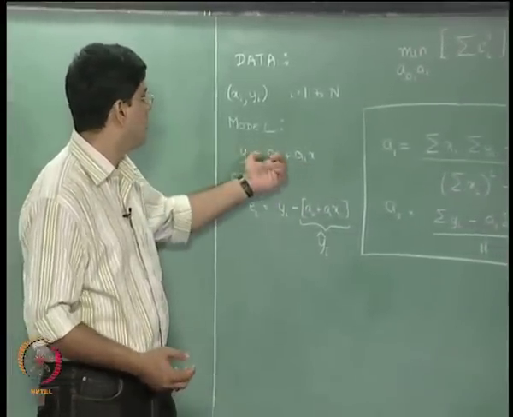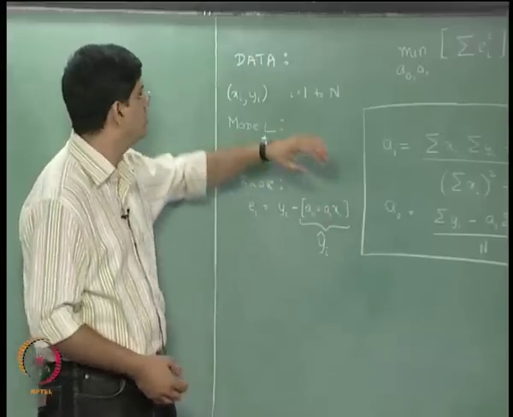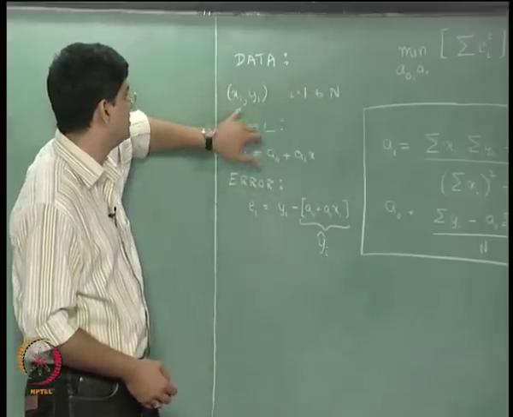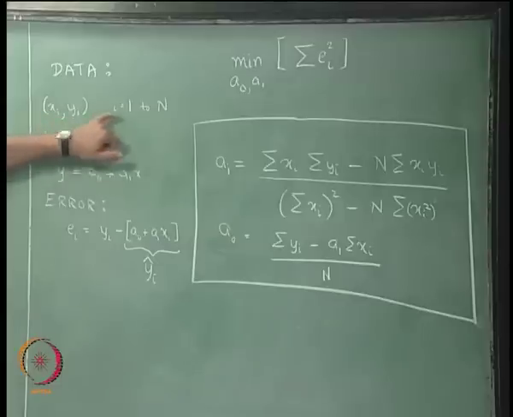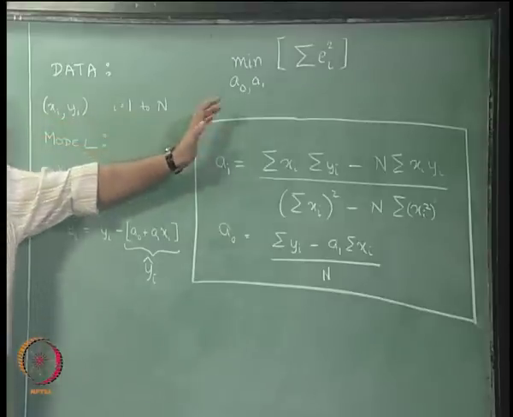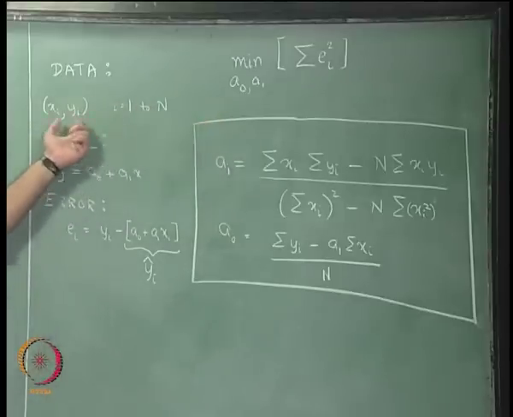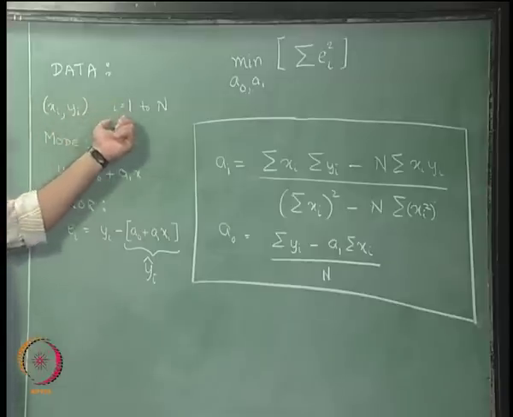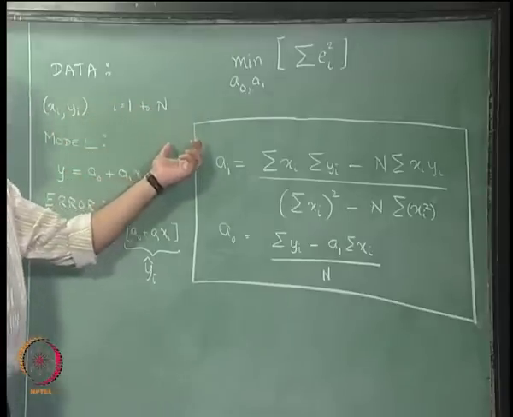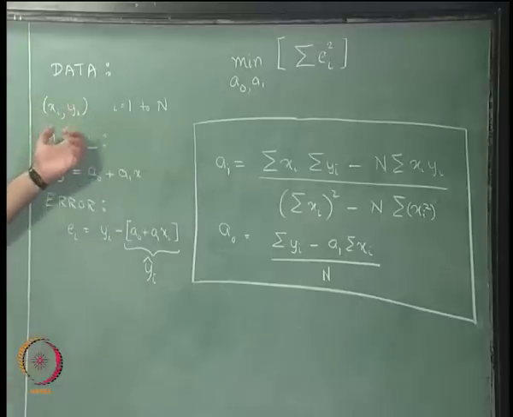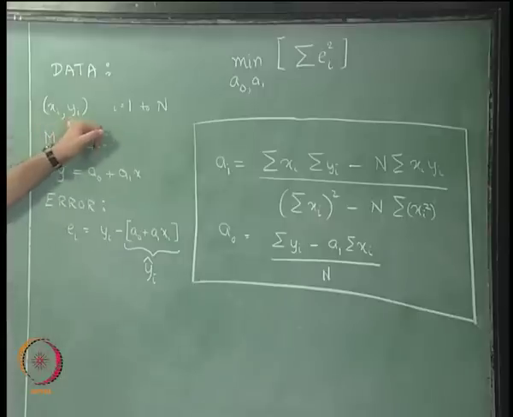That is the model that we wanted to fit to a data set given to us, xi, yi, with i going from 1 to n. What this representation means is essentially we have the data x1 y1, x2 y2, x3 y3 and so on up to xn yn. In this data we have defined x as the independent variable and y as the dependent variable.